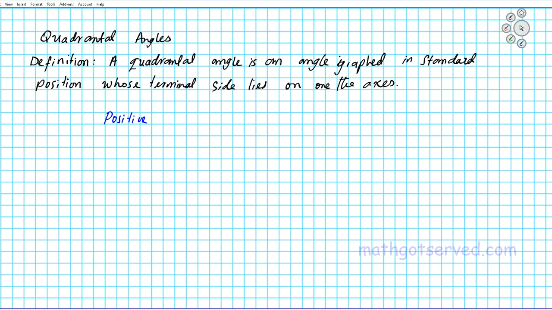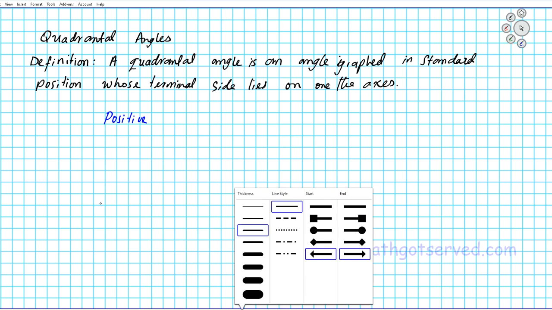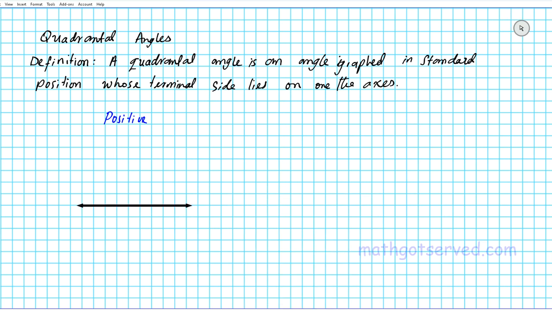So let's say that you have your coordinate system right here. We have the intersection of the x and the y-axis, and these rays starting from the origin form your quadrantal angle.